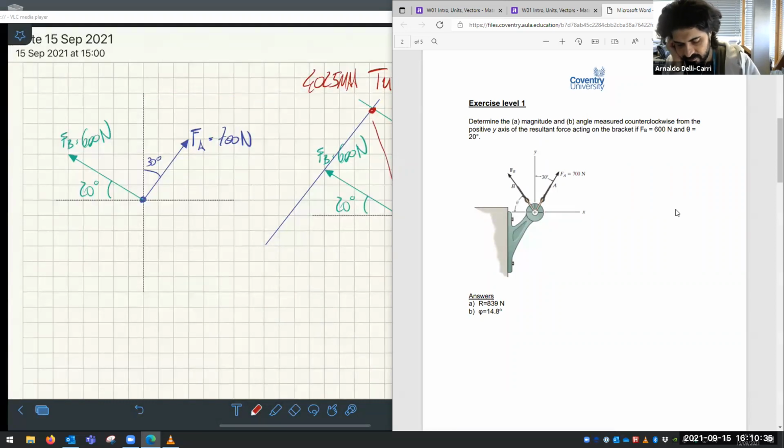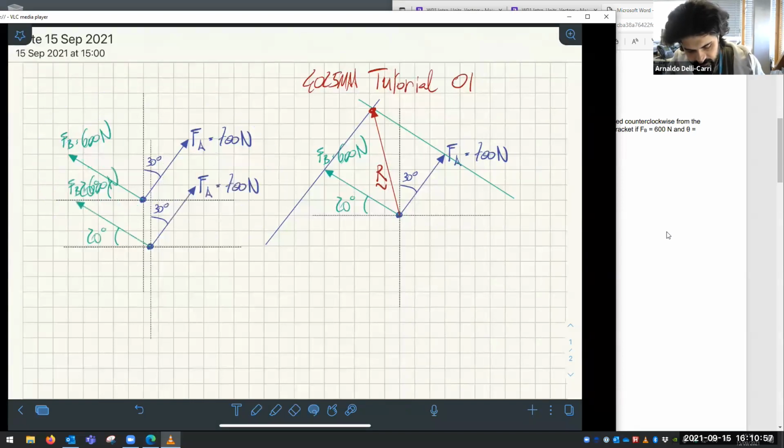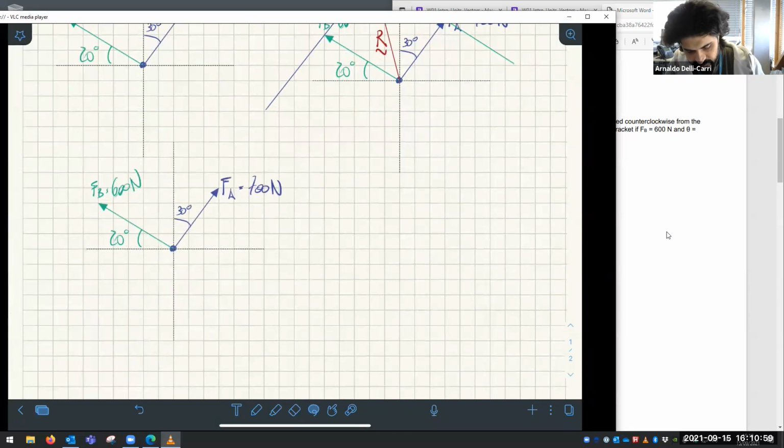There you go. So this is the resultant force. Oh, you can see it here. Okay, you can see it now. Or you can use the triangle rule. The triangle rule is just the same thing. So you take this and you move one of these vectors.